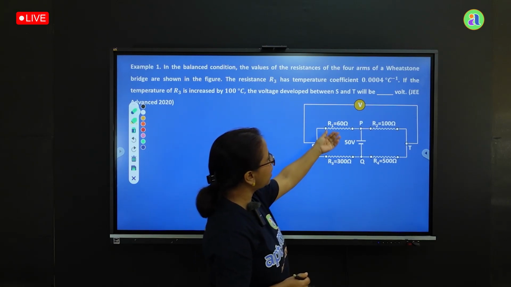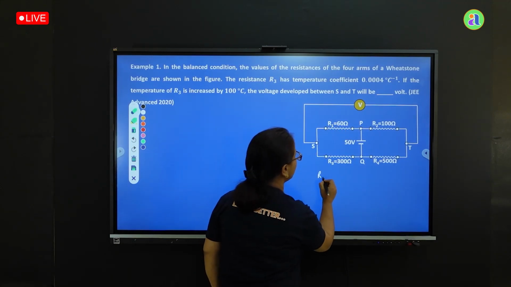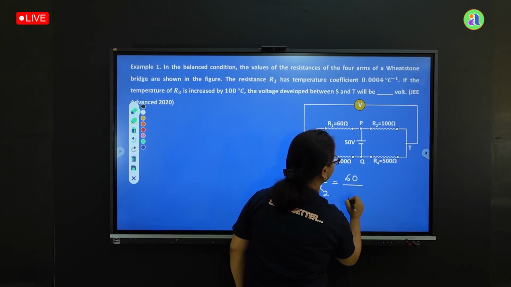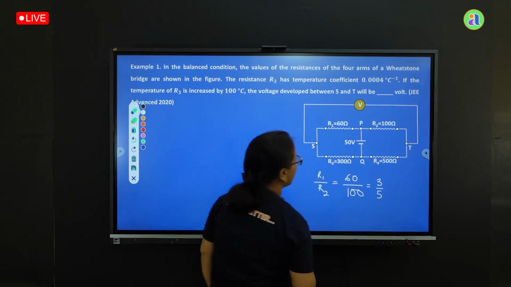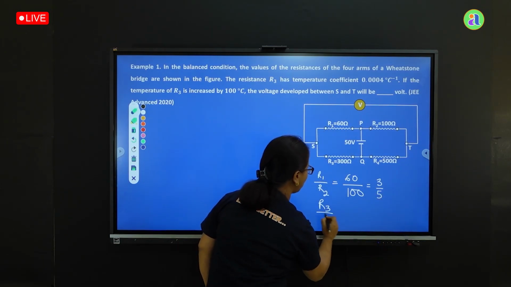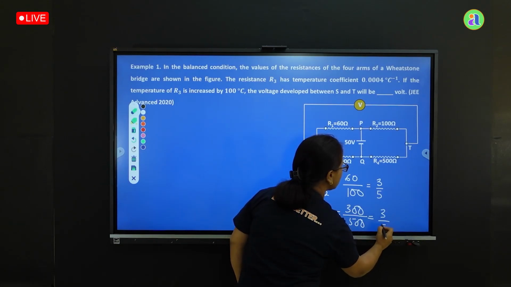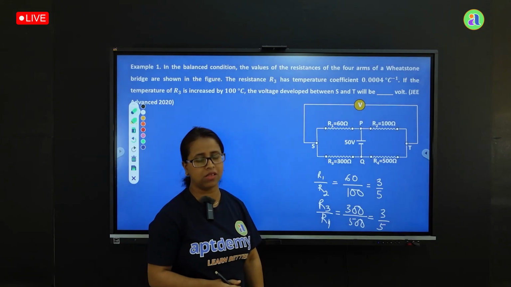You can even note that R1 by R2 is 60 by 100, which gives us a value of 3 by 5, and similarly R3 by R4 is 300 by 500, which is again 3 by 5. So we can see from the diagram itself that the Wheatstone bridge is balanced in this case.